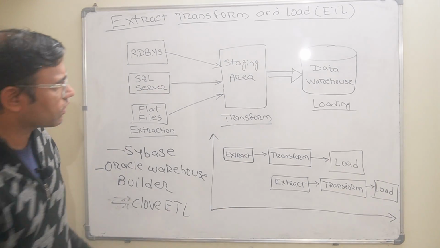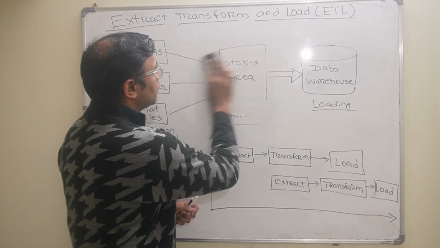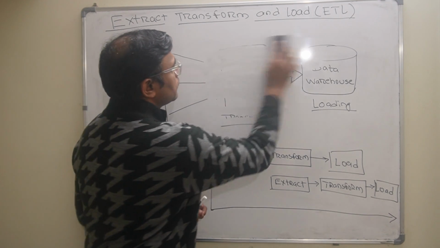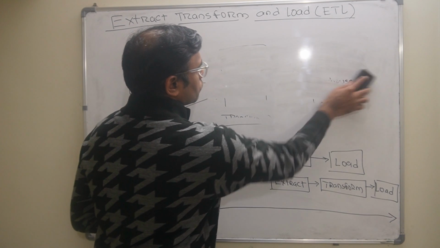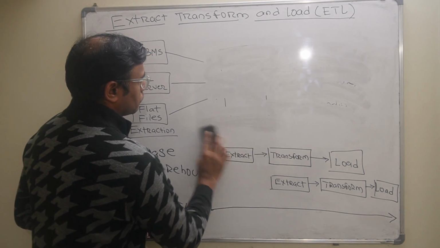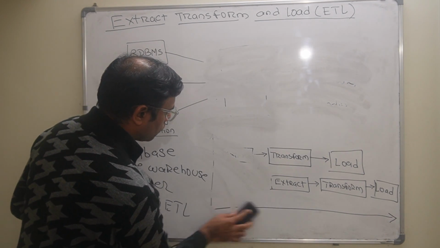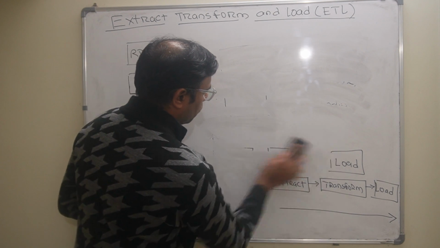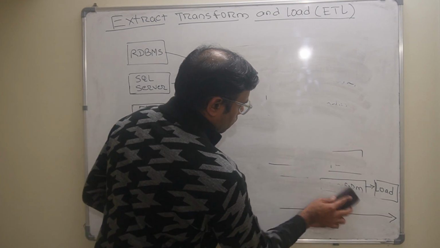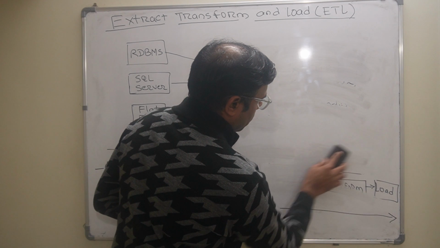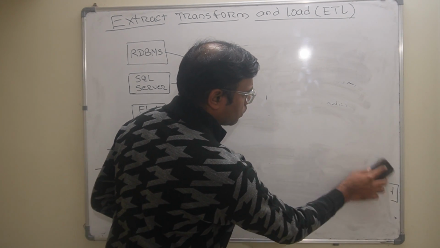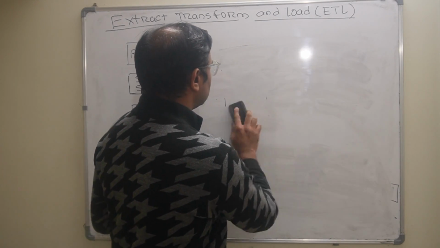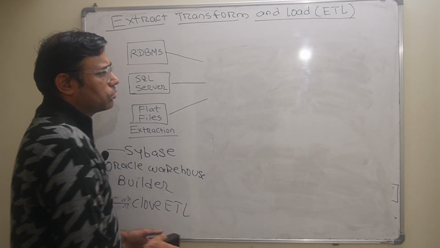Now we will discuss the advantages and disadvantages of the ETL process. Let me clean the board some part. There are some advantages associated with ETL and there are some disadvantages too.